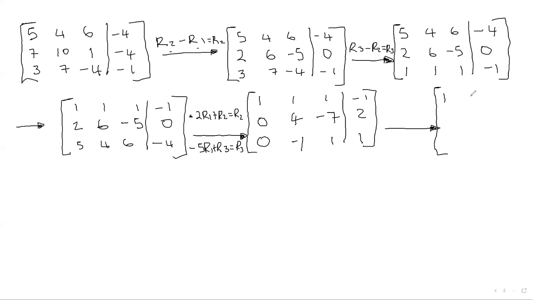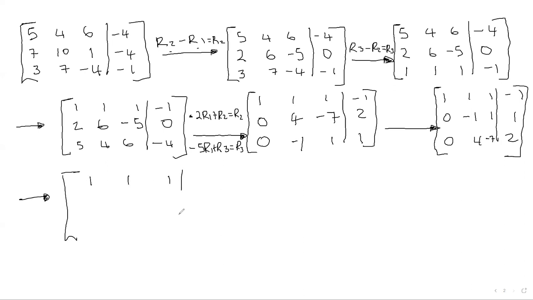So 1, 1, minus 1, 0, minus 1, 1, 1, 0, 4, minus 7, 2. And then I write this one, we've used it. Then this is the one that I'm going to use, just going to write it like that. And this is the one that we change.